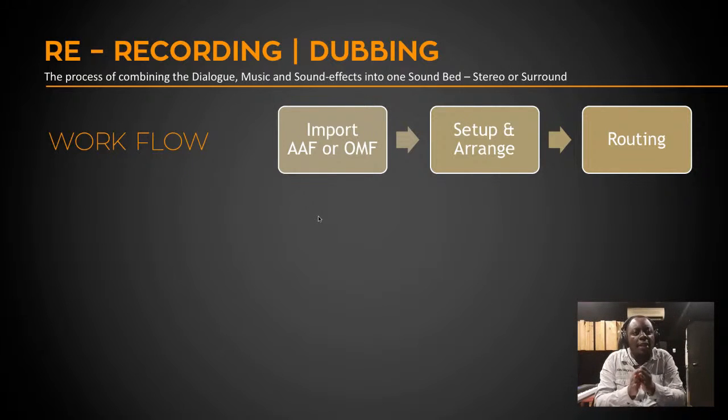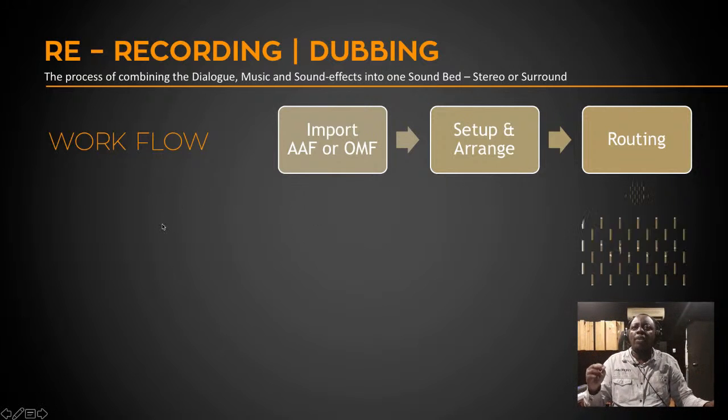You have to route them into one dialogue channel. So you have all these different dialogue channels and you route them to one dialogue channel. You have all these Foley, all these props, phone, keys, all these different things, and you route them all to Foley. Same applies to the rest.